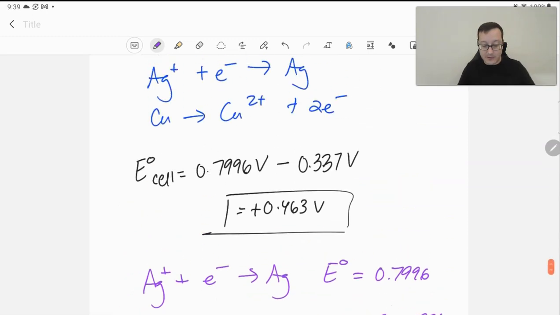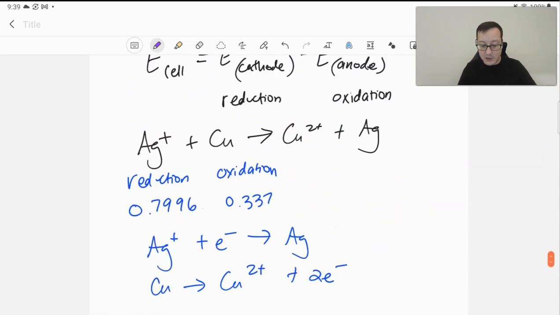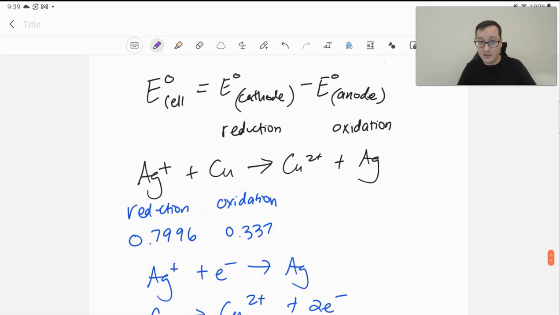So you simply take your reduction half cell potential and subtract your oxidation half cell potential, as written on the table. Don't be flipping signs. It's easier if you do it this way, trust me. If you try to look up oxidation values instead, it's going to get confusing because all the signs are going to be different. So always consider it your reduction reaction minus your oxidation reaction.